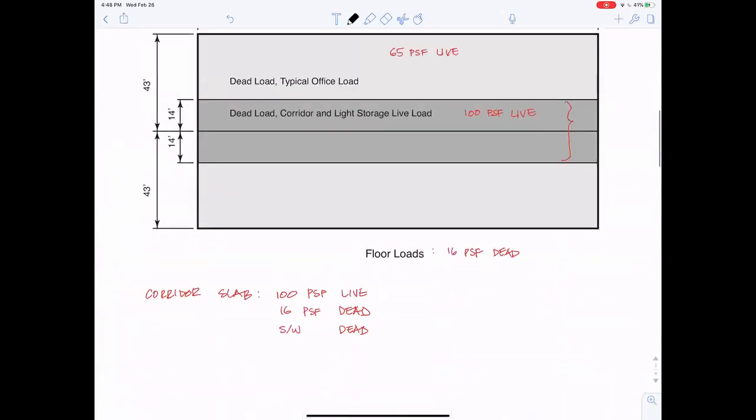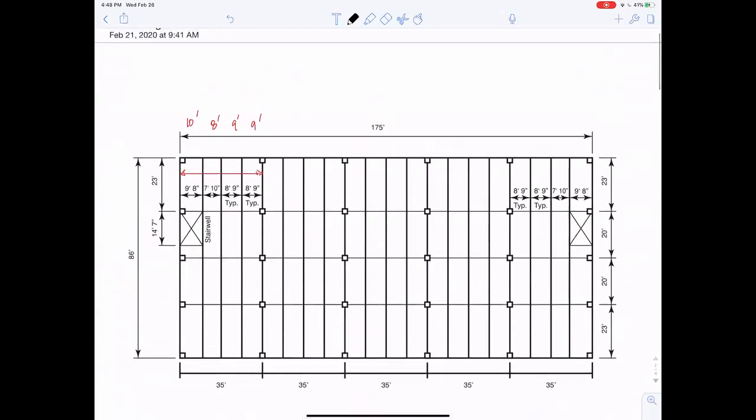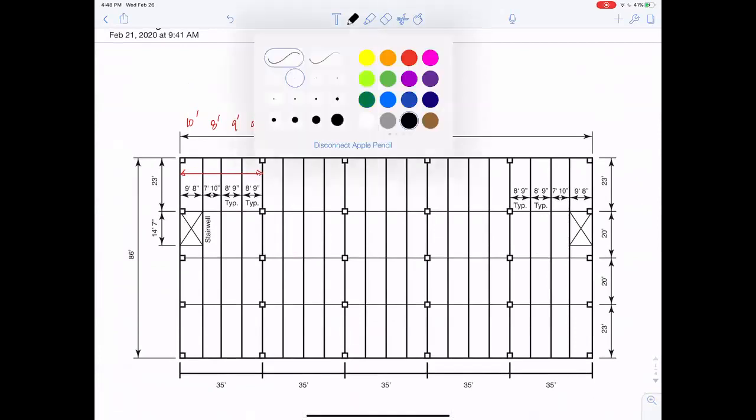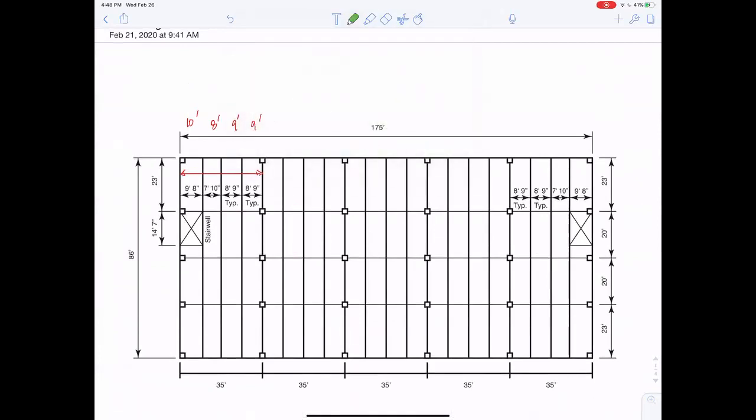Looking at this, I'm going to guess that this north-south beam that's 23 feet long, right there, has a depth of 1/12 of that, so let's say 24 inches, and a width of half of that, so 12 inches. So I'm guessing that that north-south orange highlighted 23-foot beam is 12 inches wide.